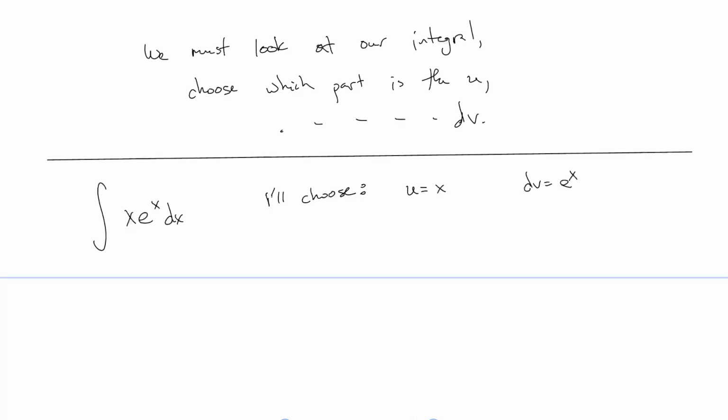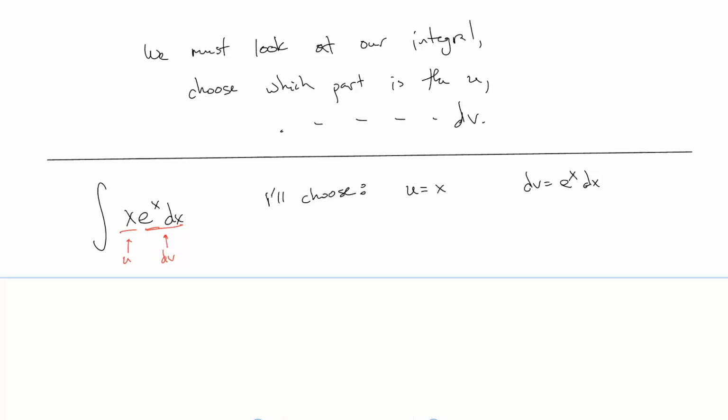And dx you always include as part of the dv. So I chose that to be the u and that to be the dv. How did I know to choose it in this way? Just because I know, but we're going to talk about that after a little bit. There are some basic guidelines about how you should choose one or the other part.